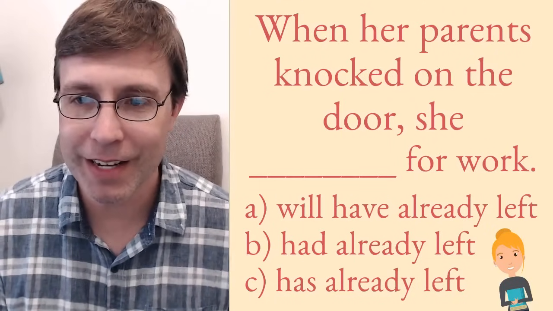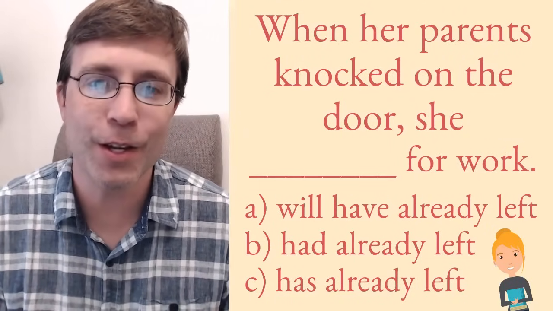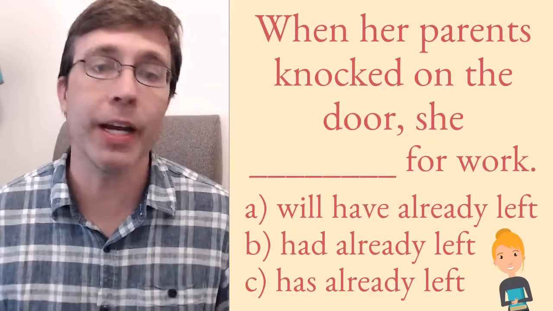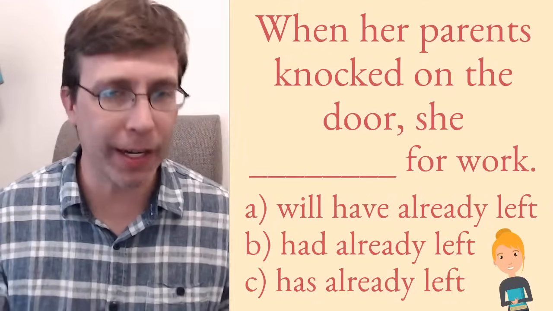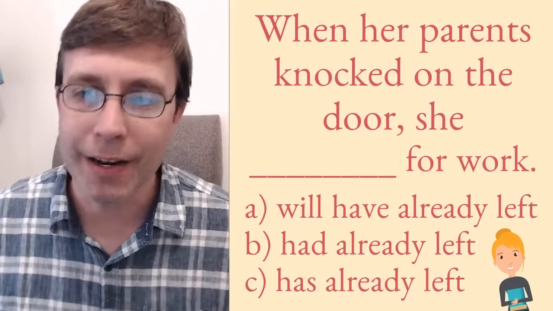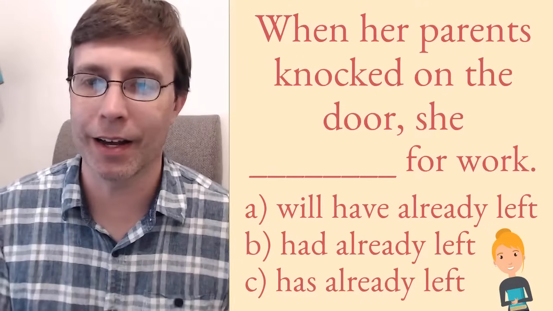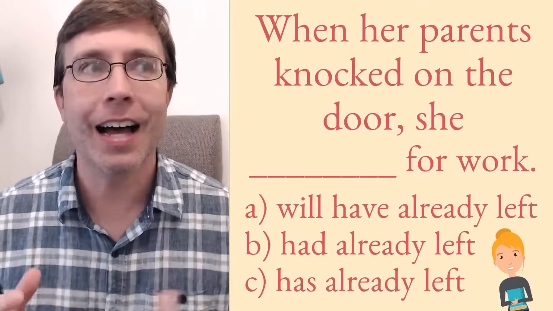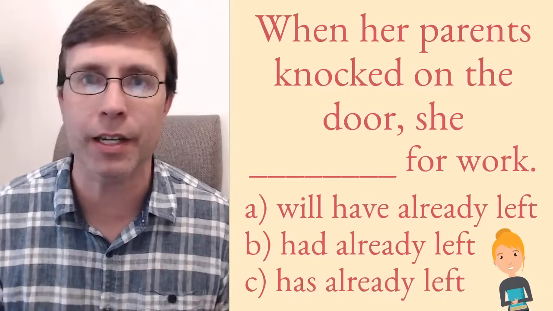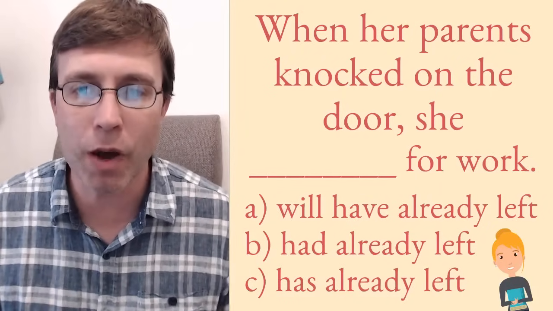When her parents knocked on the door, she blank for work. Would it be A, will have already left, B, had already left, C, has already left? Again, I'm using that "already." I like trying to use words that I think are common with certain tenses. All right, that's why I'm doing this.